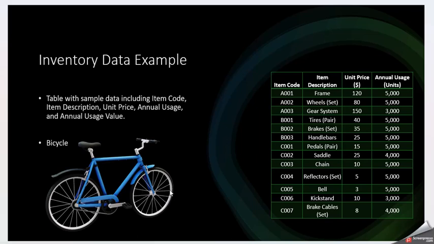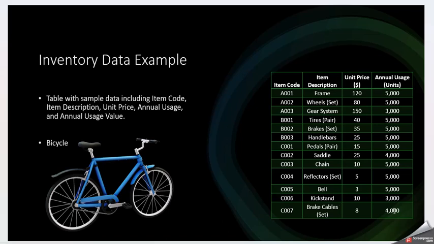That is my other model, so I don't need 5,000 gear systems. Similarly tire pairs 5,000, brakes 5,000, handlebars 5,000, but saddles I don't need 5,000, because I might have a different model, or I would have outsourced it. Chain 5,000.